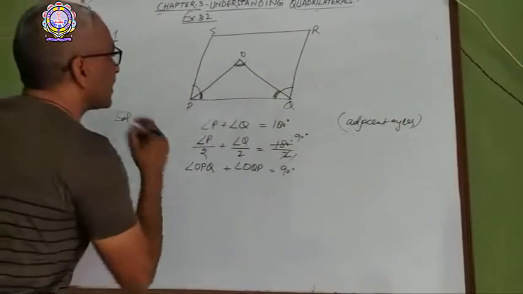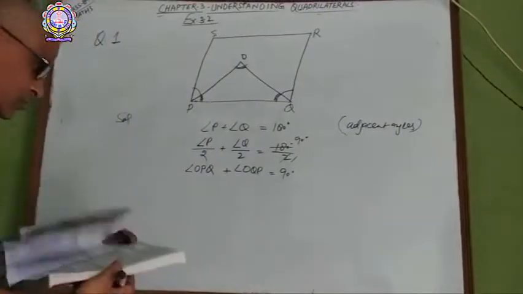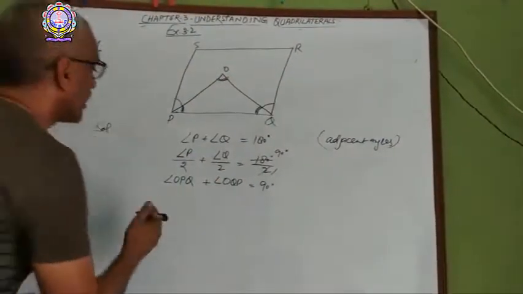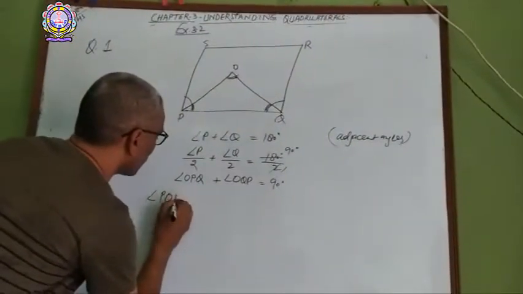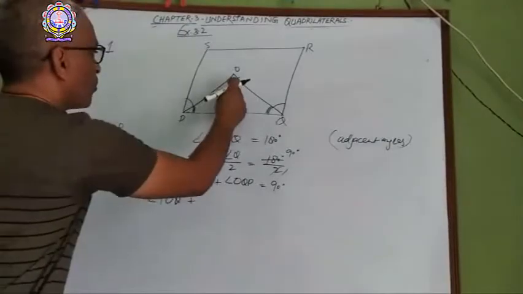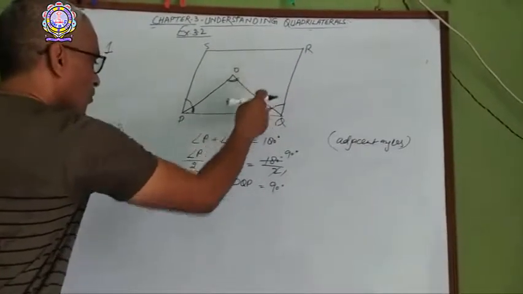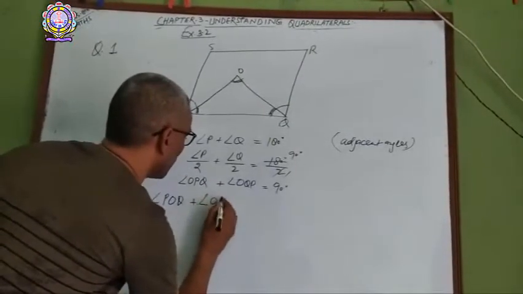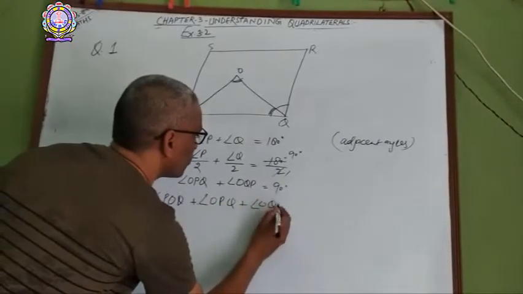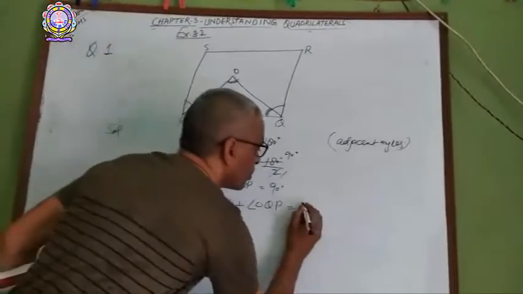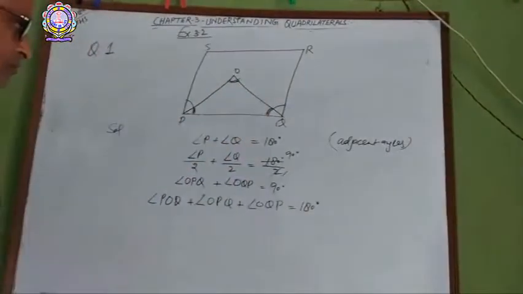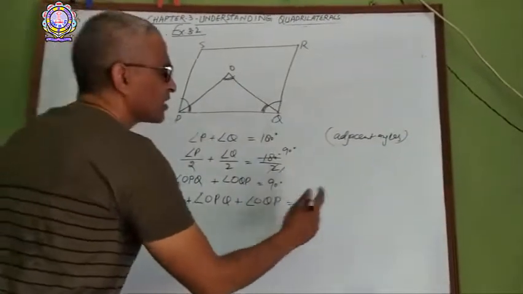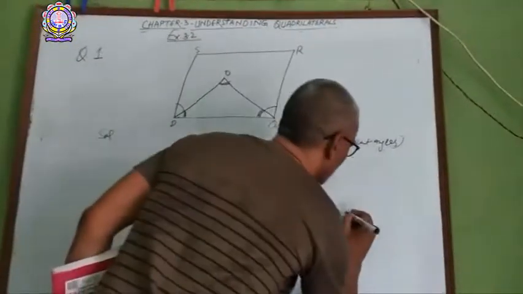So you can say that angle POQ plus angle OPQ plus angle OQP must be equal to 180 degrees, because these are the three angles of a triangle.